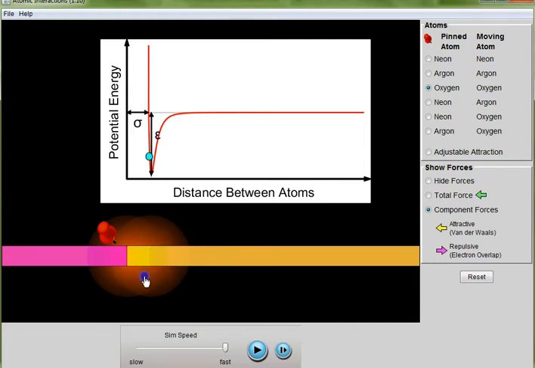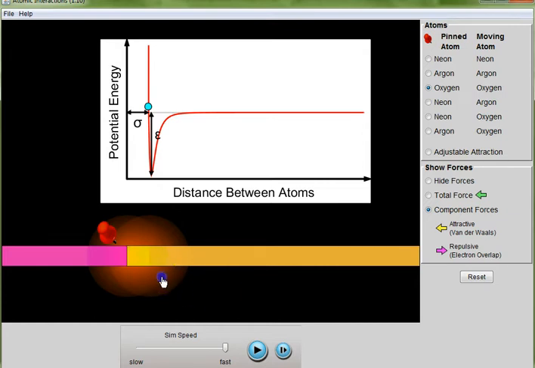The attractive forces are going to decrease as you bring the atoms closer to each other, but the repulsive forces are going to increase much more dramatically at this point, and as a result the potential energy increases. So at this point, let's say the repulsive force is much stronger than the attractive force, and as a result the potential energy increases.